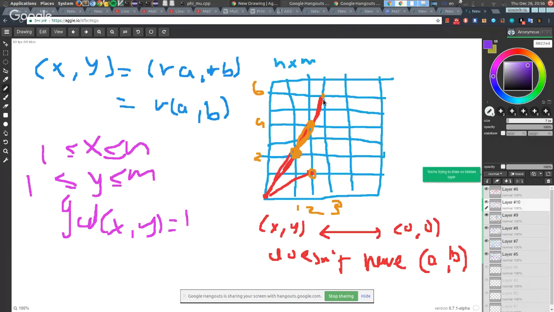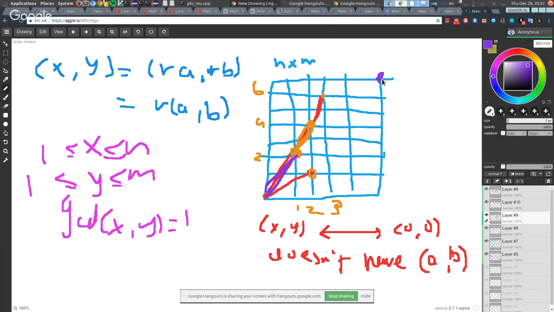It means if something up to this part here has a GCD of 3, then there is some smaller vector that is repeated 3 times. So basically it's this vector, and this vector will be found in the dimensions when we divide each of these by 3. So when we divide each of these by 3, we have the 2, 1.